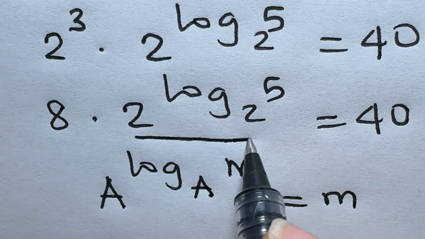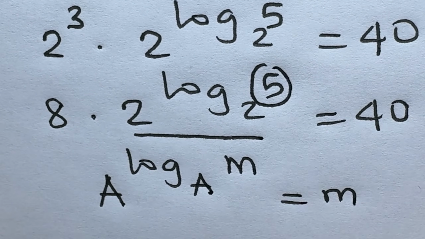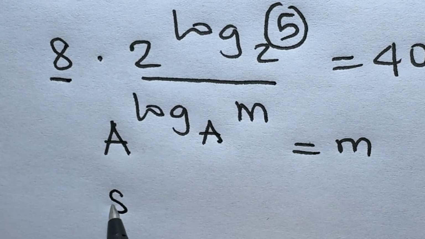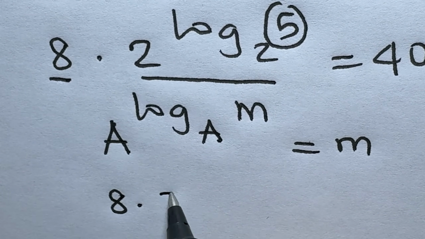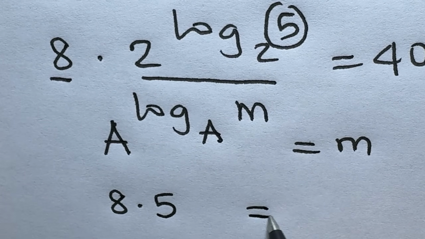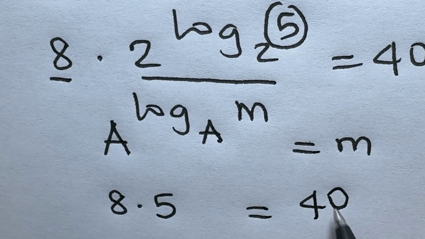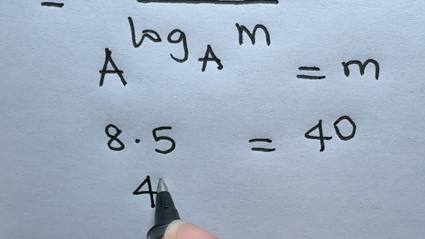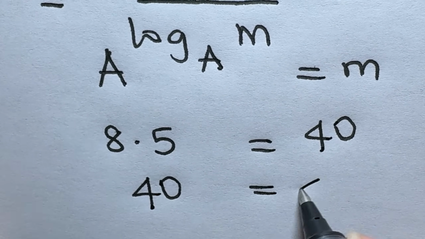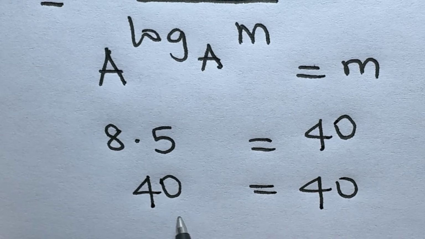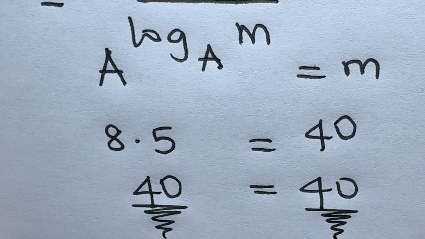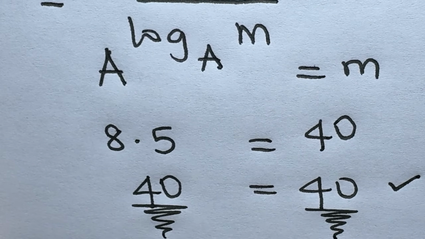So this expression here will reduce to 5. Then we have 8 times 5 to give us 40. And of course, 8 times 5 is 40. So we say 40 is equal to 40. So the left-hand side is equal to the right-hand side. That confirms that the solution is correct.